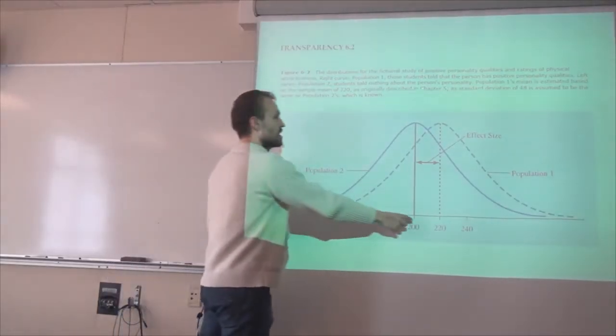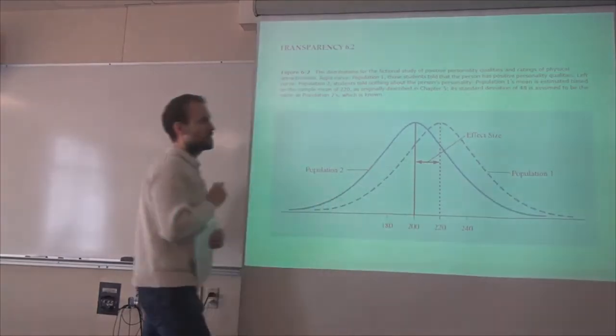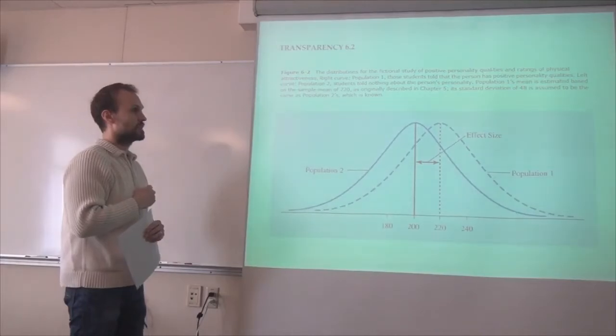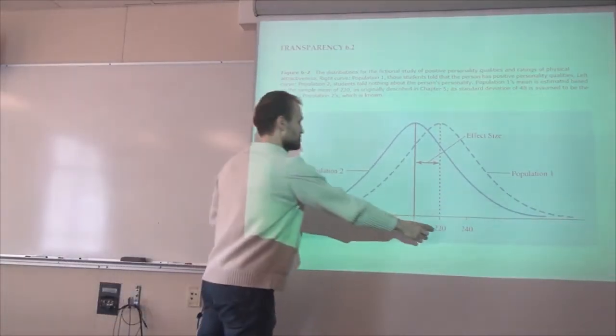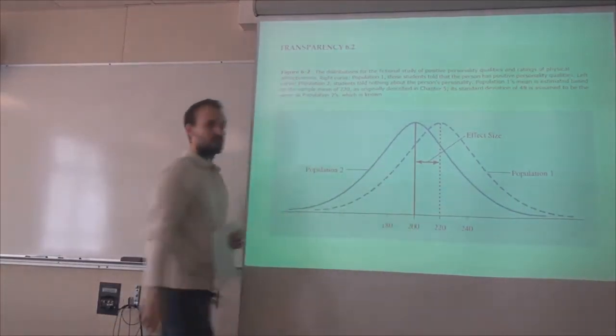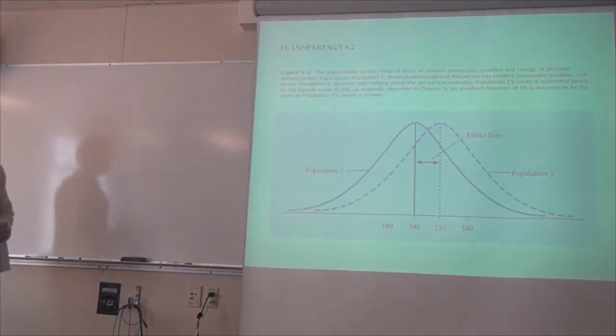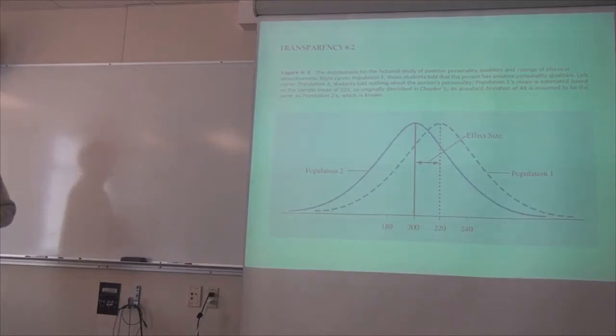And then we saw, if you refer back to that example, that the sample mean that I got was 220, that differed from the 200 mean for my population. Does everyone remember the attractiveness example?